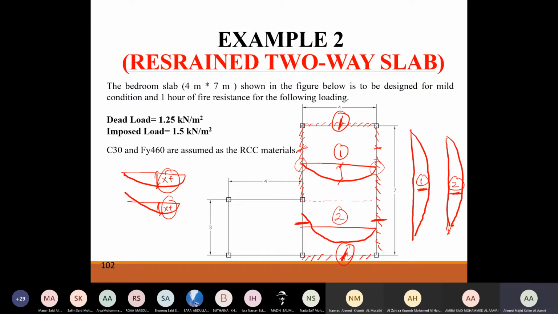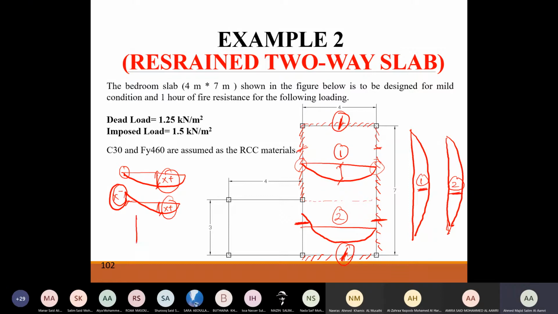If we take the maximum of the two, it's going to be safe all along the slab. When it comes to X negative, we have X negative here and here we have 0. So wherever there is a continuity, we are going to supply X negative. The other portion does not require X negative.